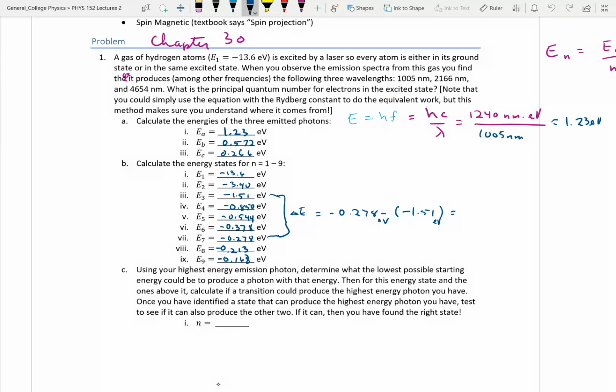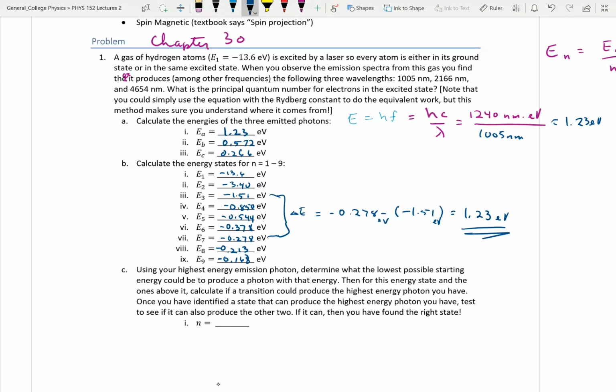And if I did my math right there, it is going to be 1.23. That matches. So now that I found a match, let's see if I can make the other two. If I can't make the other two, then I have to go on and continue my process.